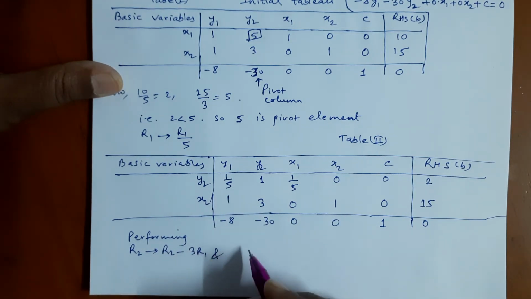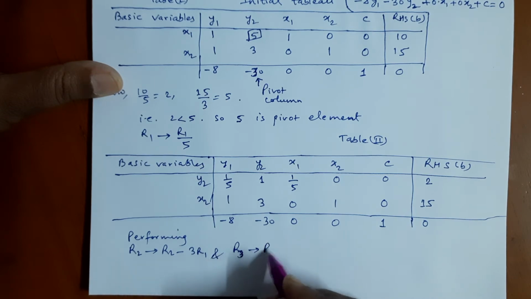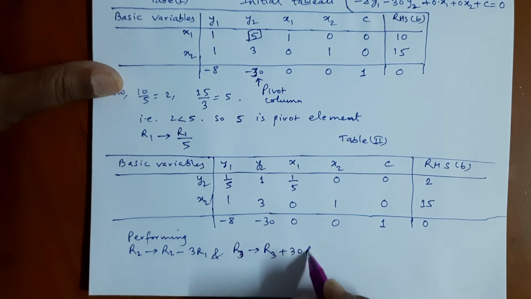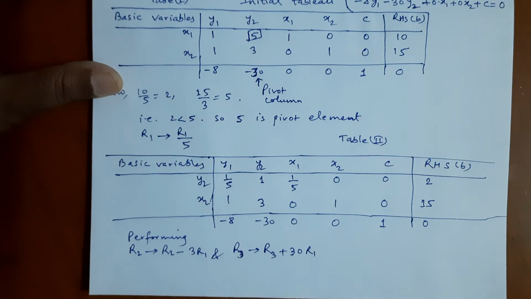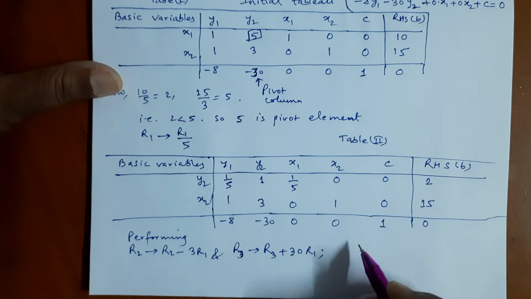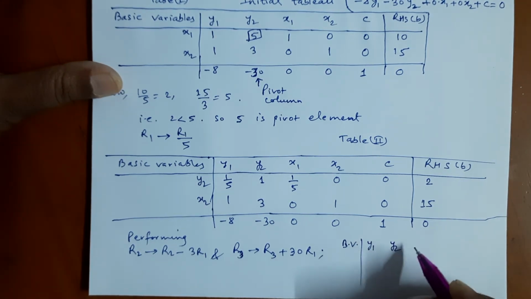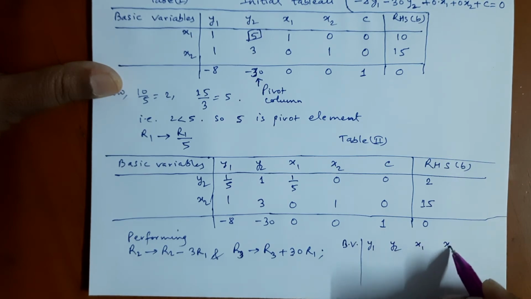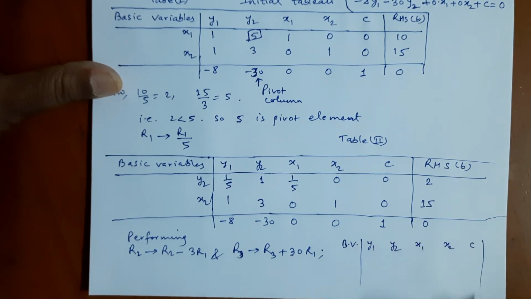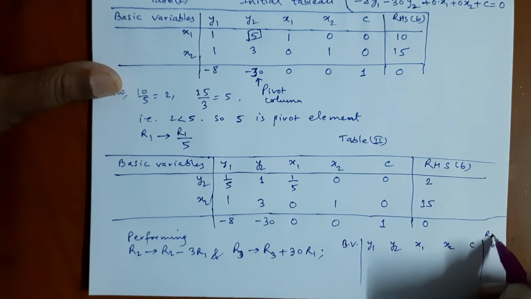And R3 in R3, what we will perform is R3 plus 30 R1. Okay, this we will perform, and after performing this, our basic variable, we can write BB in short, y1, y2, x1, x2, c, and RHS is B.